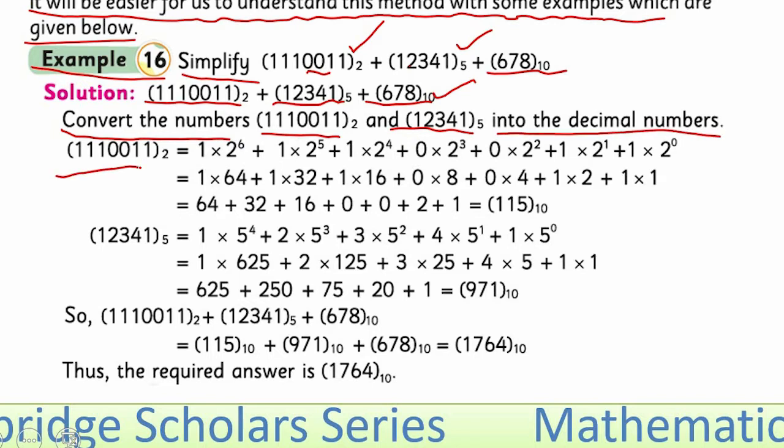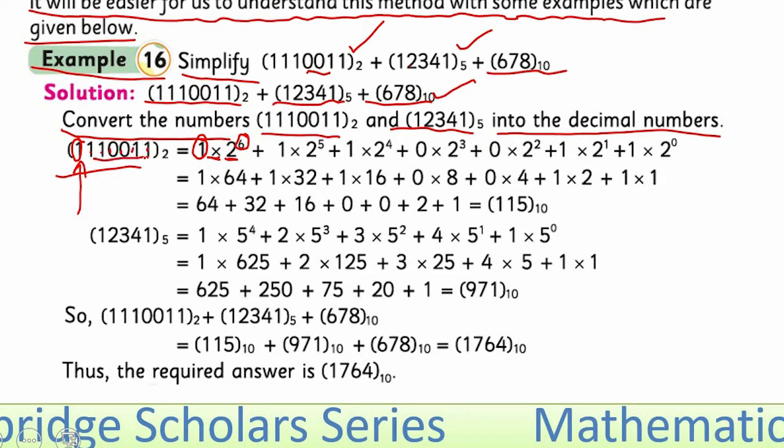You know the procedure for converting binary numbers into decimal numbers. First of all, we choose one, this one, and multiply with the base having a power. What is the power? The number of digits after the circled one: 1, 2, 3, 4, 5, 6.